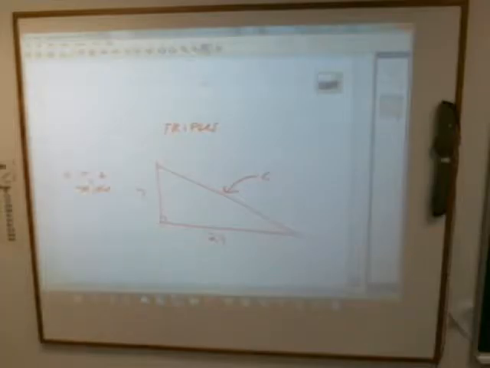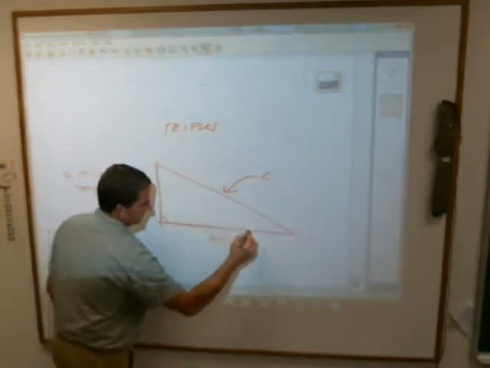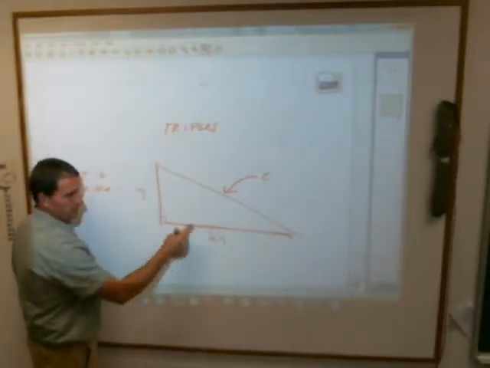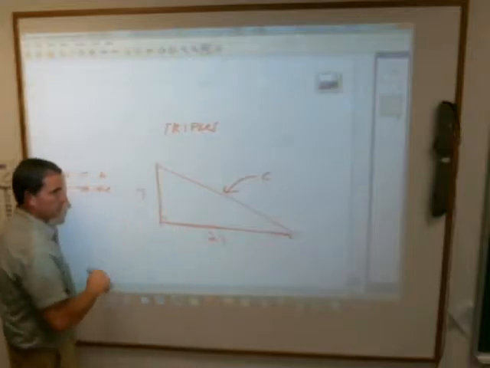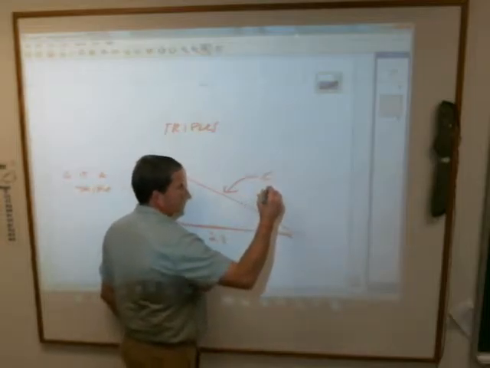Look at your little chart. The legs have to be the first 2 given. So you need a 7 and a 24 in the first 2 columns. Is there a 7, 24? Yes. You automatically know that the hypotenuse is 25.